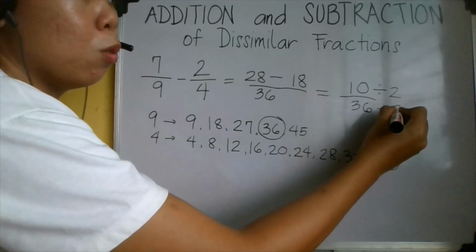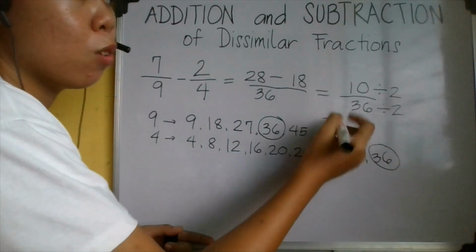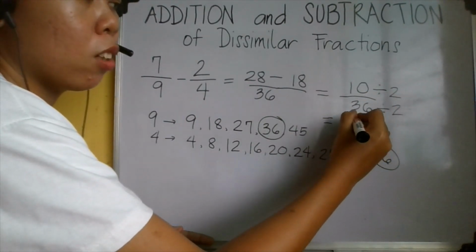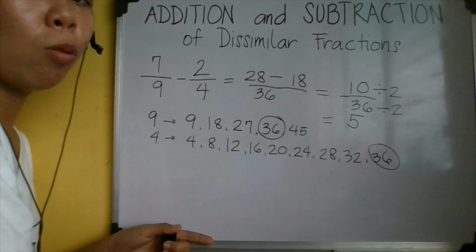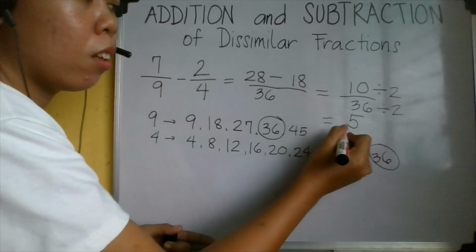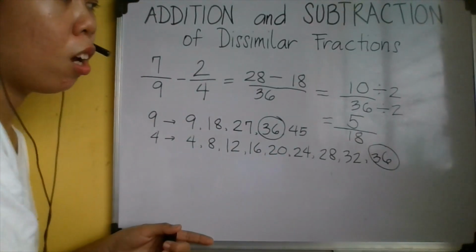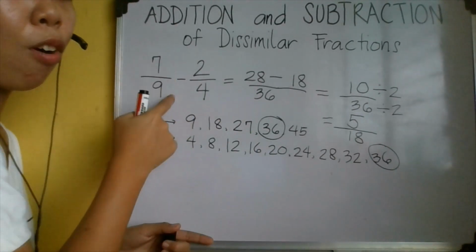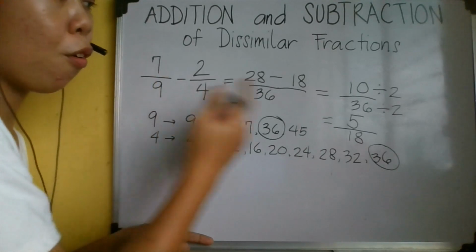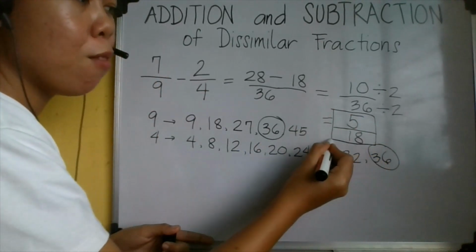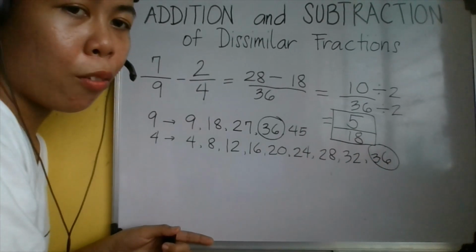So 10 divided by 2, we have 5. 36 divided by 2, we have 18. So therefore, yung difference ng 7 over 9 and 2 over 4 is 5 over 18. And 5 over 18 is already in its simplest form.